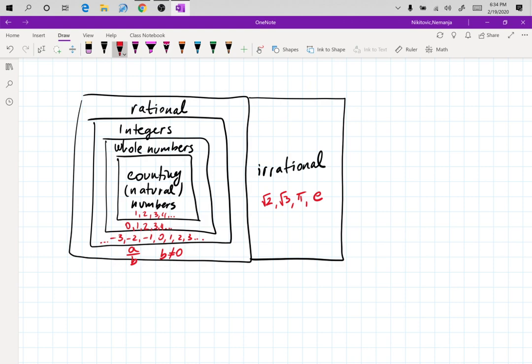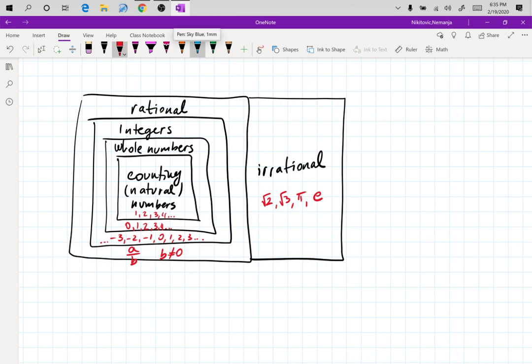All of these numbers are called irrational, and there is no fractional representation for them. They're not finite. So that's life, right? So now you have what we call real numbers.